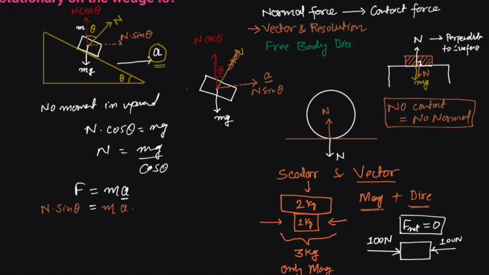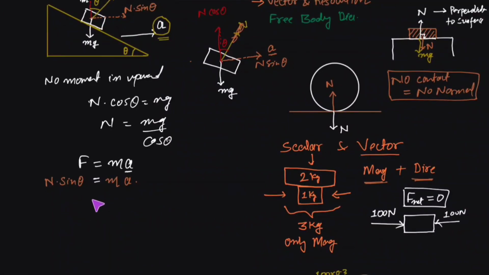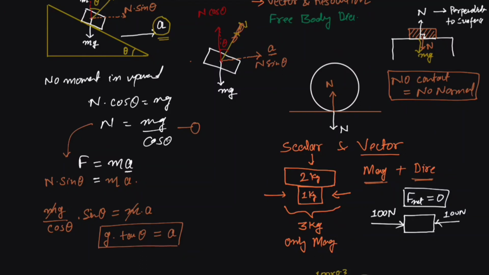Here you put the value of N from here, mg upon cos theta, times sin theta is equal to ma. g sin theta upon cos theta is g tan theta, is equal to a. So this is the answer. a is equal to g tan theta.